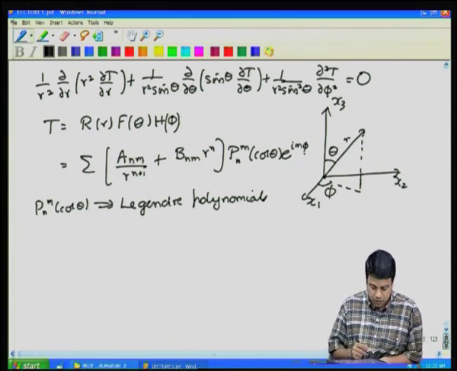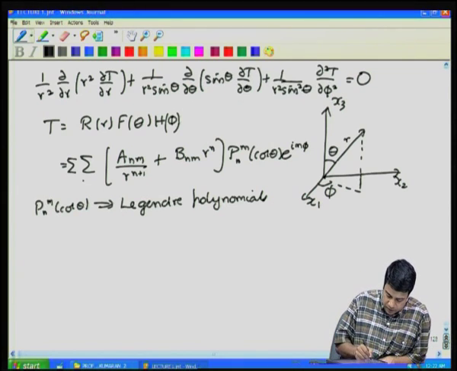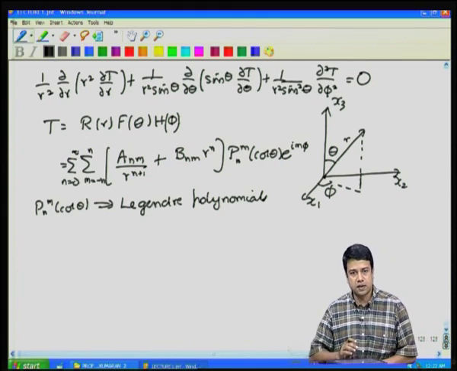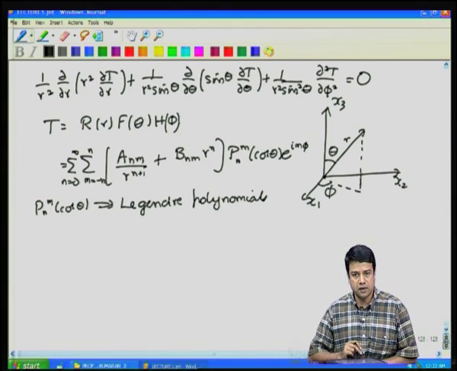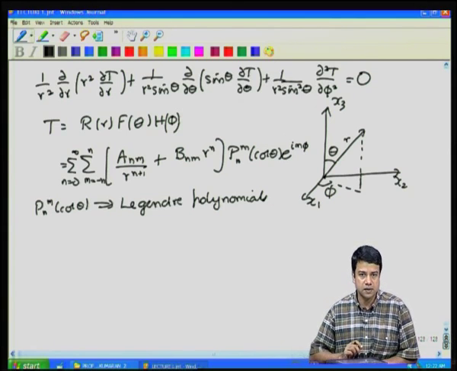In general, m goes from minus n to plus n and n is equal to 0 to infinity. These discrete eigenvalues m and n we had got from the condition that the solution has to be finite at theta is equal to 0 and theta is equal to pi. So, these were the solutions that we had got by separation of variables.